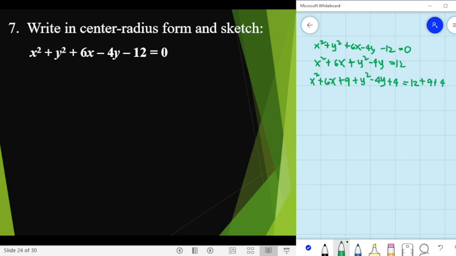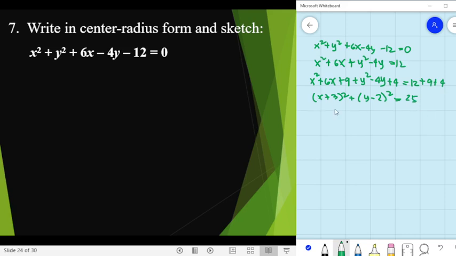Okay, then this can be factored as quantity x plus 3 squared, and this one also can be factored as y minus 2 squared equals 12 plus 9 plus 4 is equal to 25.